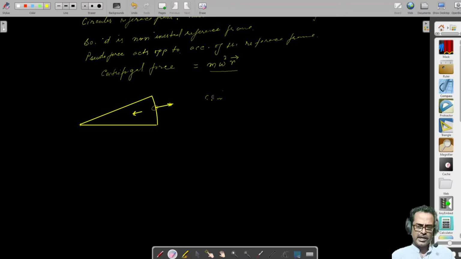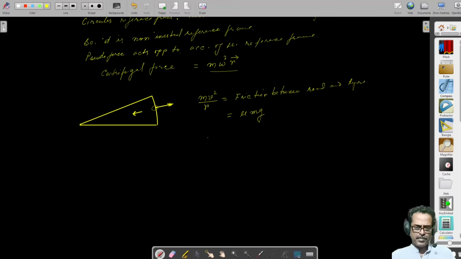It is better to express it by v because we can measure the velocity of the car by its odometer. m v square by r is equal to the frictional force between road and tire, which is equal to mu into mg.